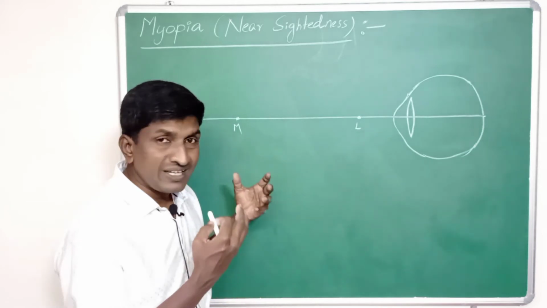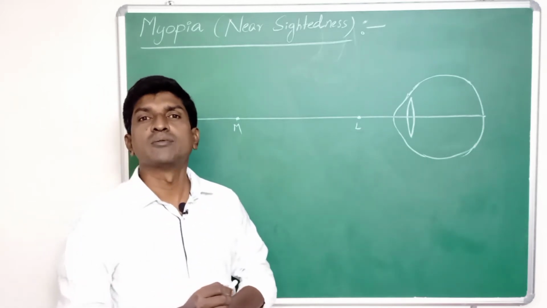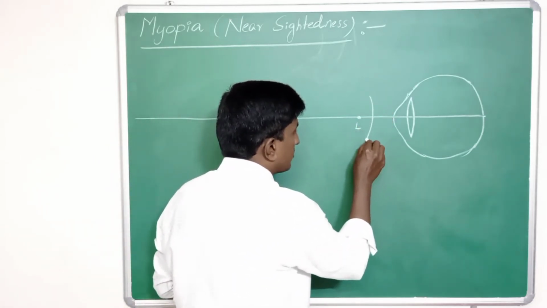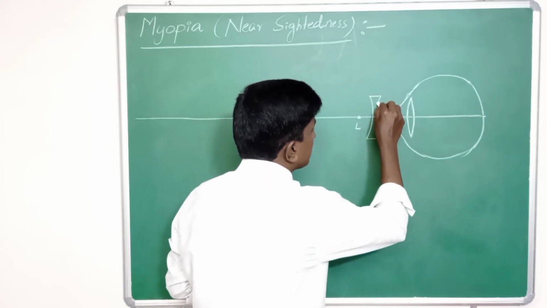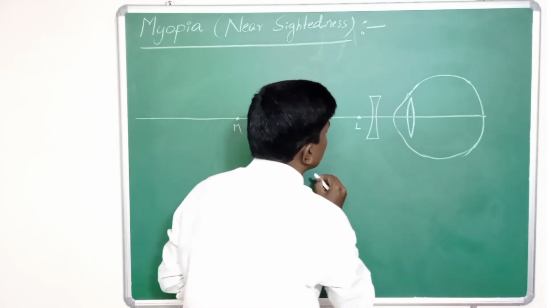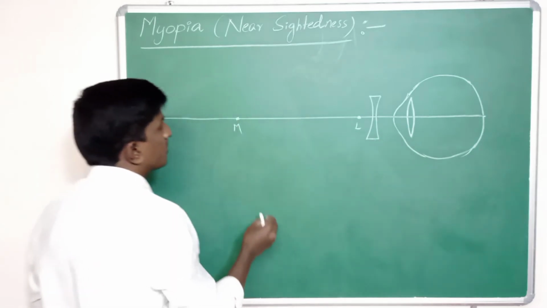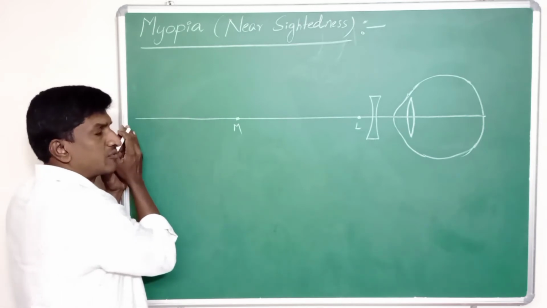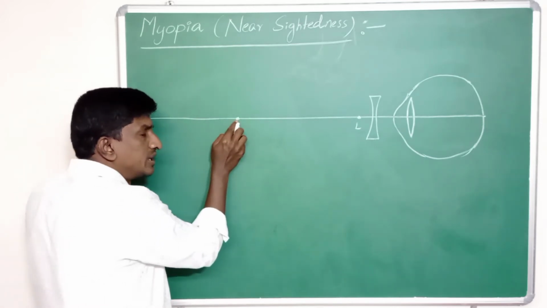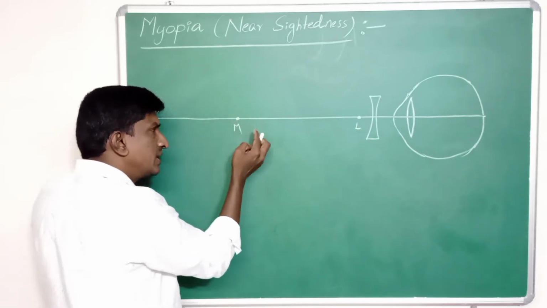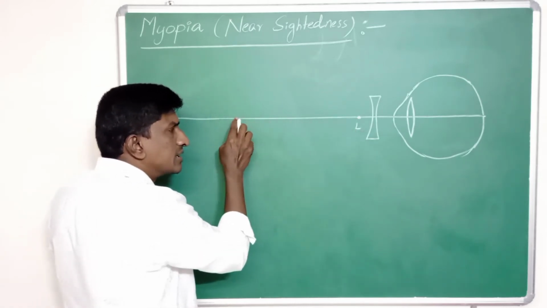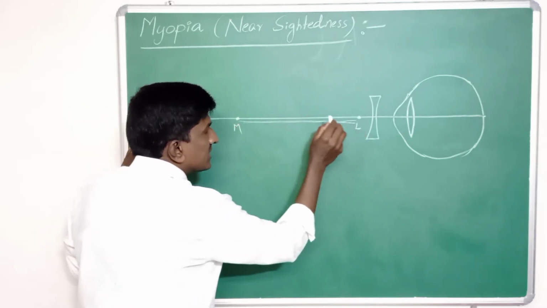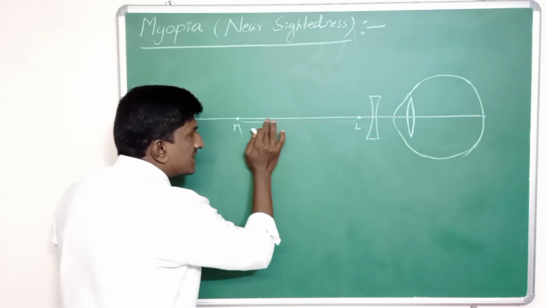So how does this biconcave lens correct myopia? Let's discuss. Here I am taking a biconcave lens, which we use to correct the problem of myopia. For example, here we have to bring the image of the object at infinite distance at least onto M. We can bring it in between L and M. If the object is present anywhere in this place, then our eye lens can form a clear image.